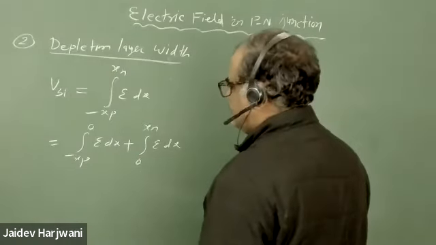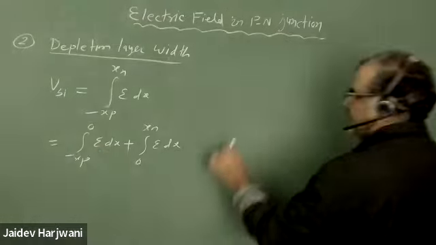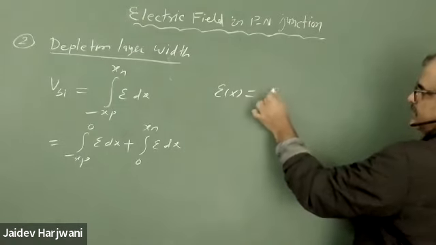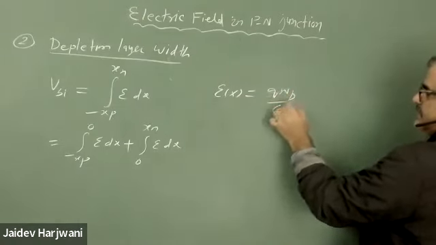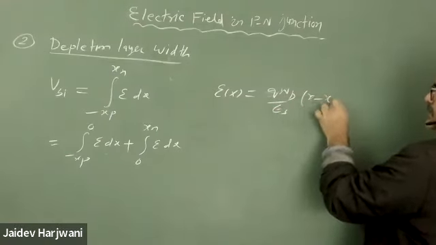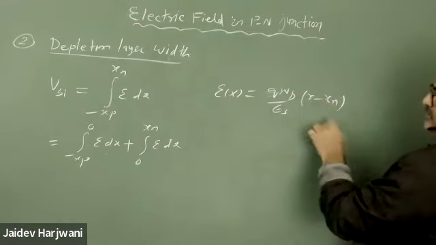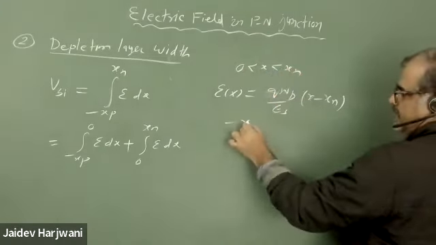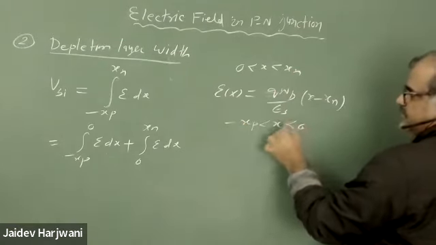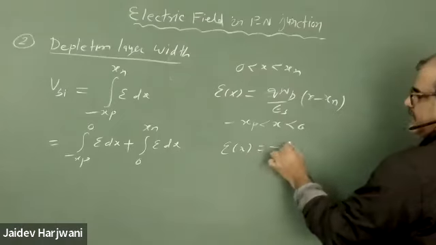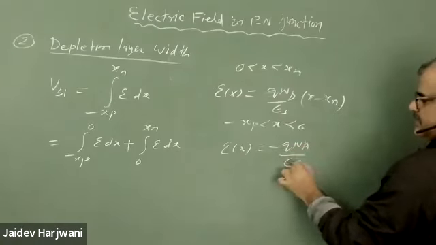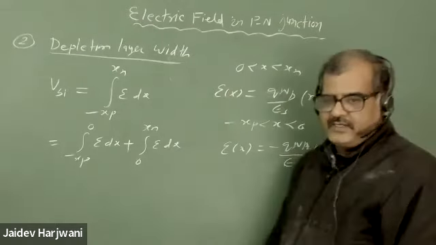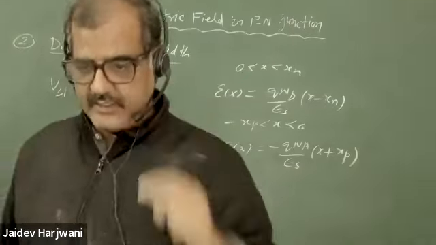Now put the values of the electric field here. From 0 to xn the electric field is minus q Nd over Es times (x minus xn), and from minus xp to 0 the electric field is minus q Na over Es times (x plus xp). Put these values here and integrate, and you will get the required expression.